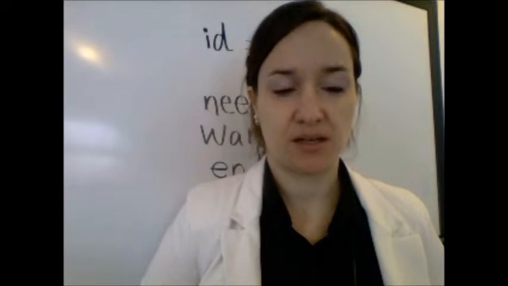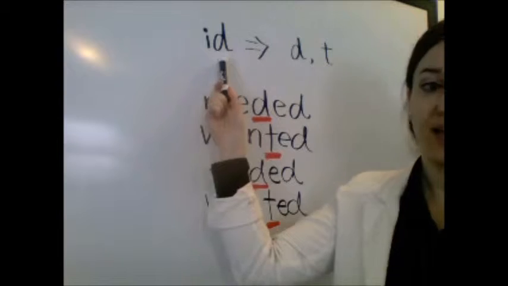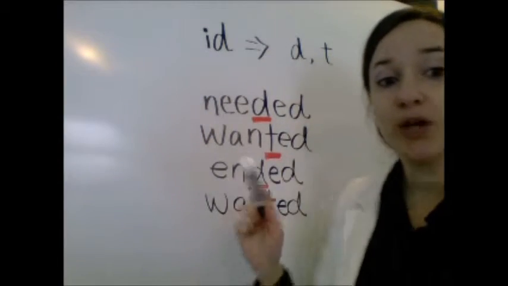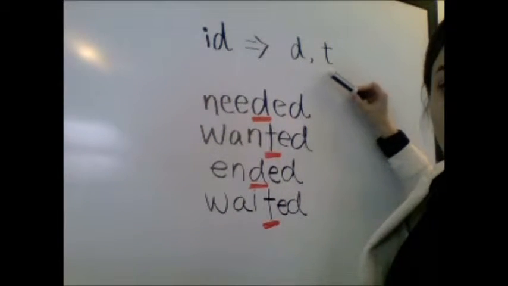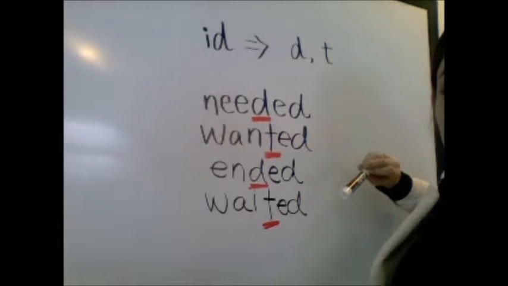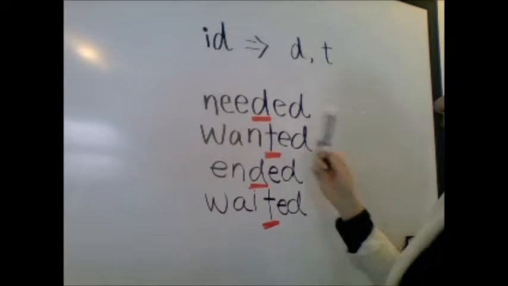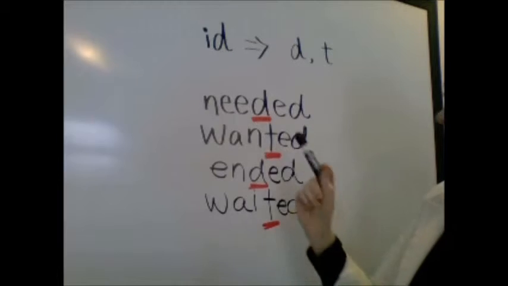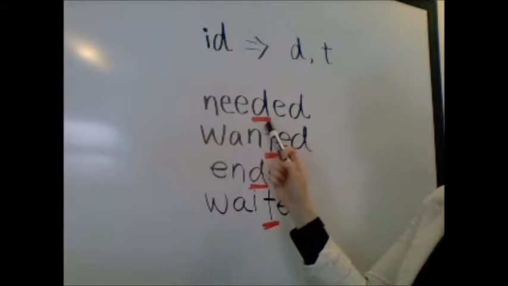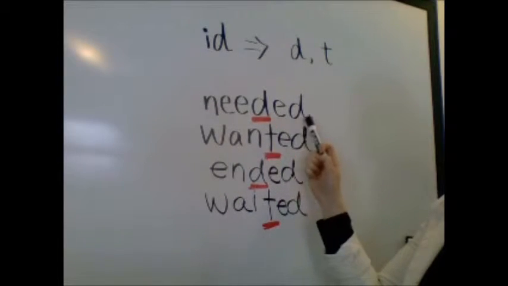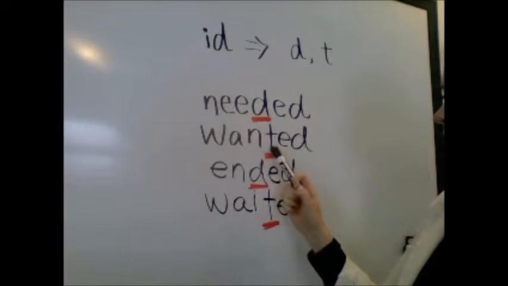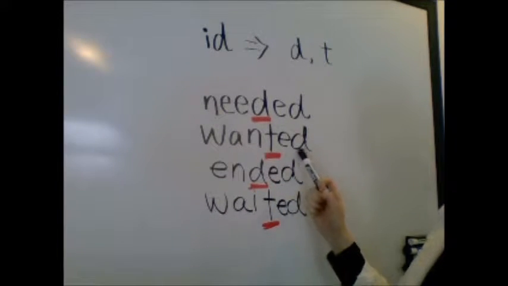First pronunciation of the ed is id. So when you have a D or a T just before your ed, you will pronounce id. Let's look at the example. Need. The past will be needed. Want, wanted.